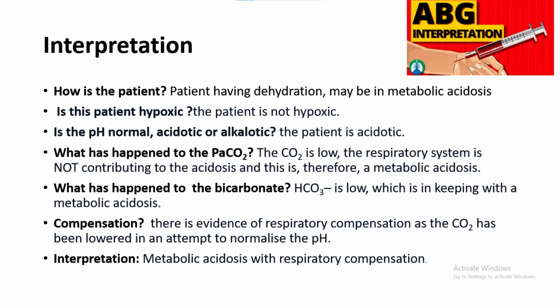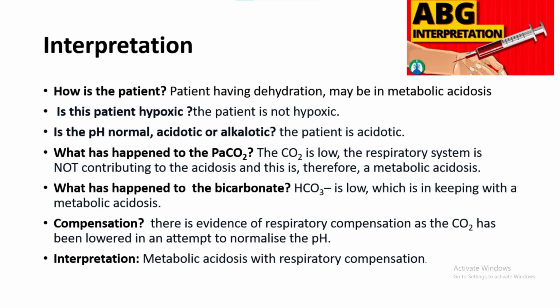Interpretation. How is the patient? The patient has dehydration, may be in metabolic acidosis. Is this patient hypoxic? The patient is not hypoxic. Is the pH normal, acidotic, or alkalotic? The patient is acidotic. What has happened to the PaCO2? The CO2 is low, so the respiratory system is not contributing to the acidosis, and this is therefore a metabolic acidosis.